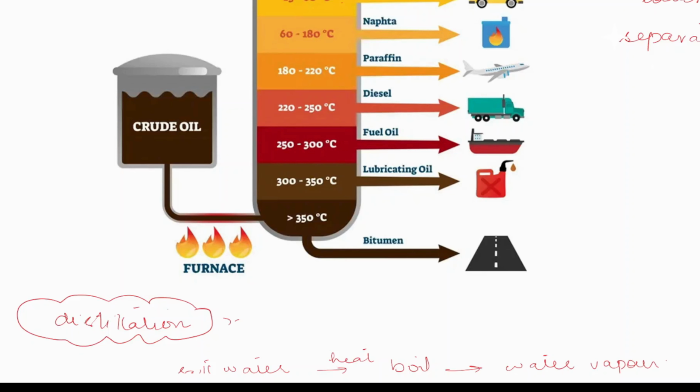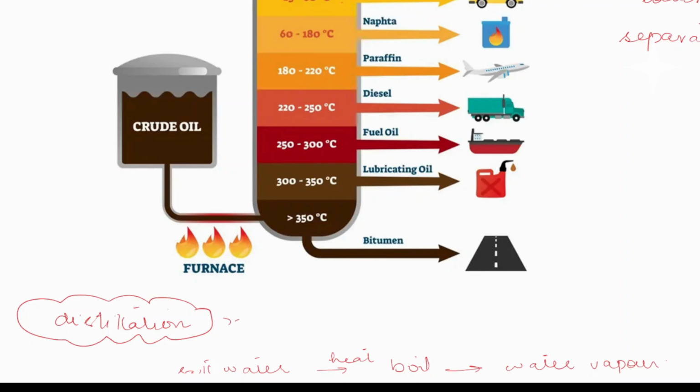So the high quality petrol is actually converted into smaller chains, and smaller chains can easily burn as compared to the longer chains. So we convert the longer chain fuel into smaller chains in order to get a better quality when these fuels are burned.